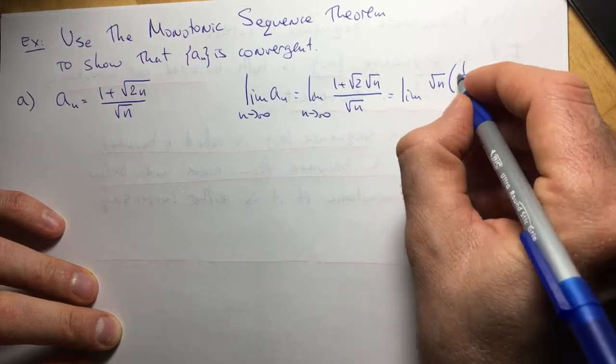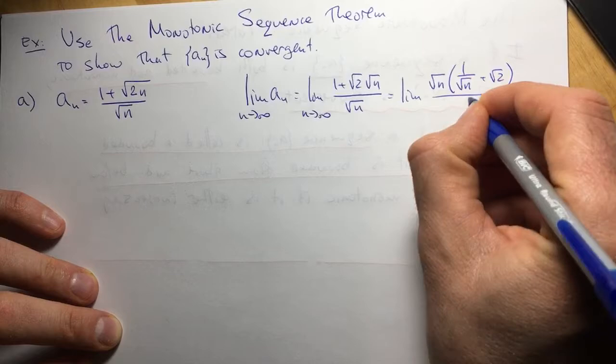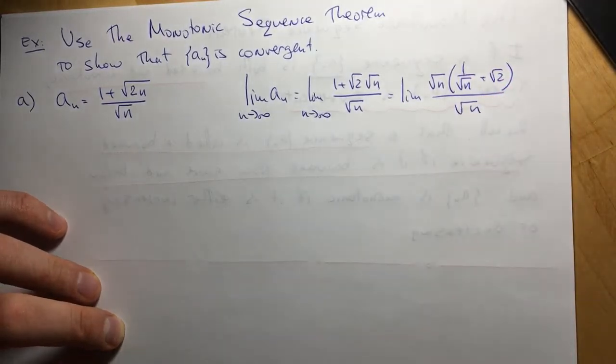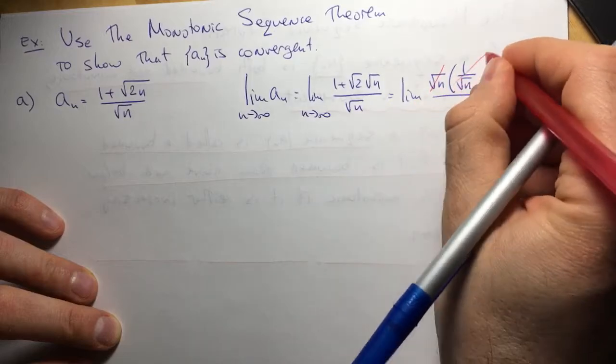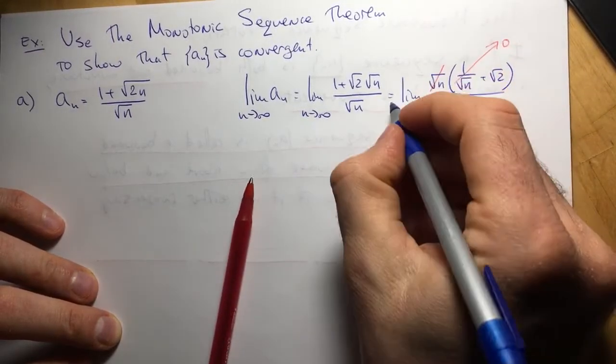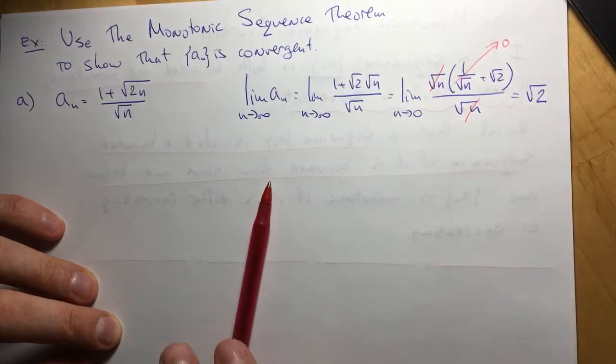If you factor out square root of n, this is 1 over square root of n plus square root of 2 over square root of n. Now we can cancel this. This goes to 0 as n goes to infinity. So 0 plus square root of 2 is square root of 2.